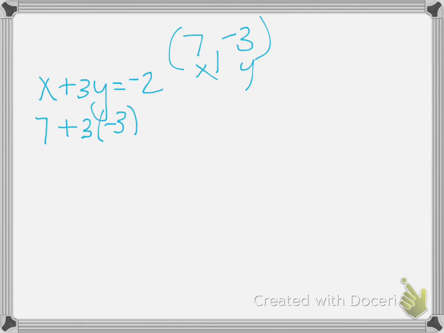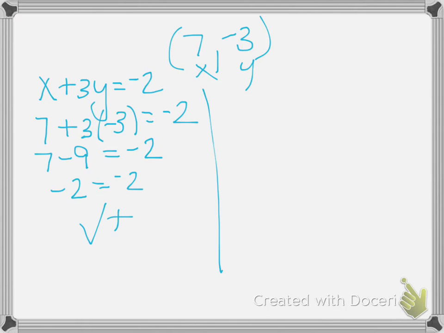It just happens that that's a -3, and that's always good to put parentheses around anyway. So here we have 7, 3 times -3, -9, equals -2. 7 minus 9, -2 equals -2. Yep, that's the correct solution, but let's do the other one.